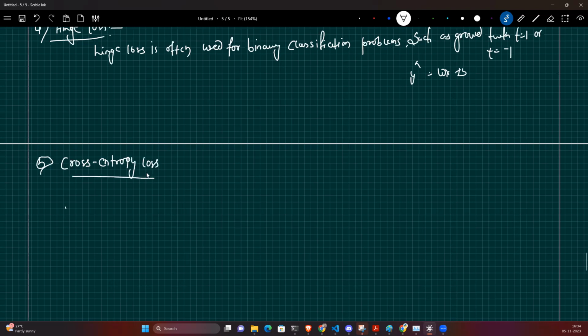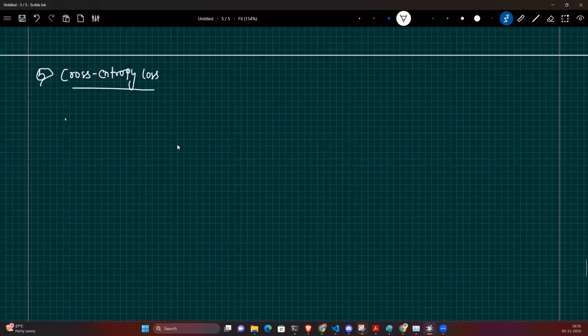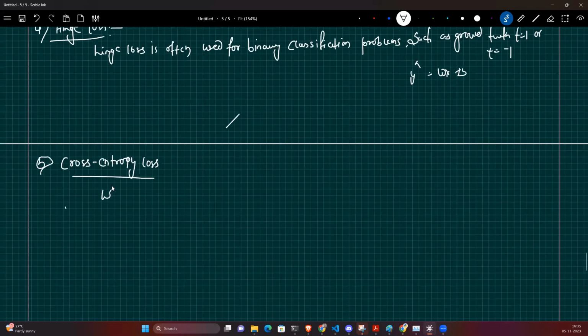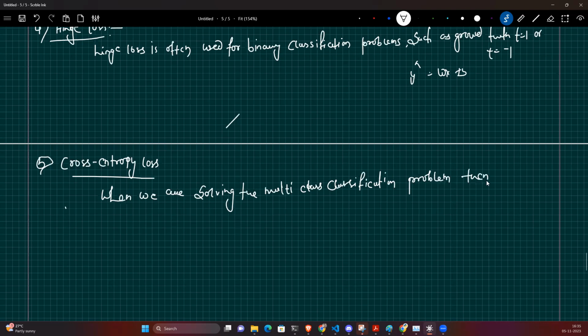So we are going to apply cross entropy when solving the multi-class classification problem. Again, there are some libraries out there which will do your job, but yeah.